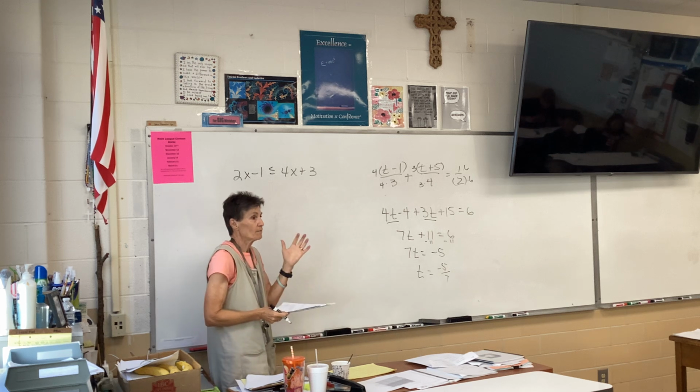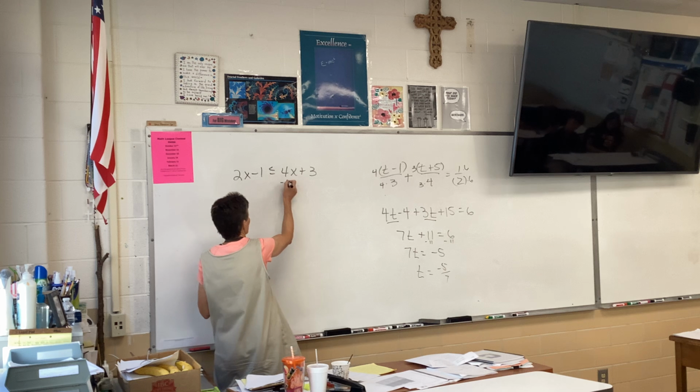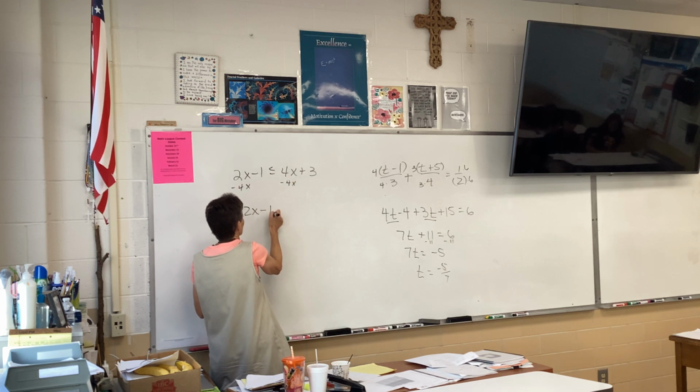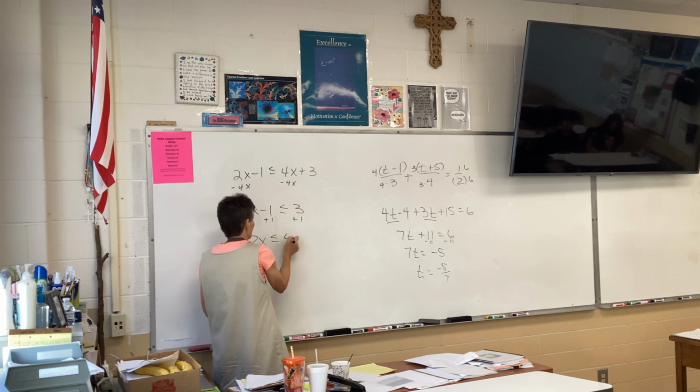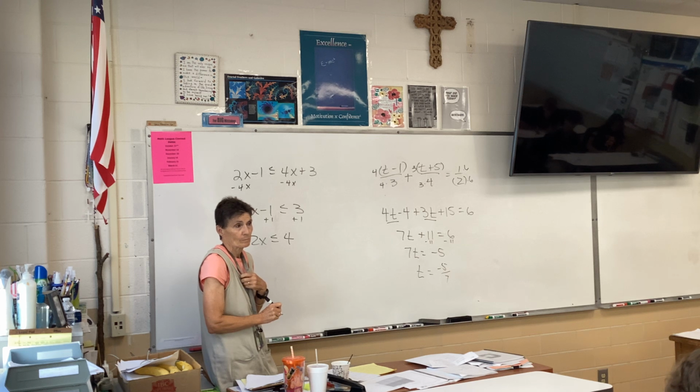We're going to solve this exactly the way we've been doing it. So I'm going to subtract 4x. I'm going to add 1. And then I'm going to divide by negative 2.